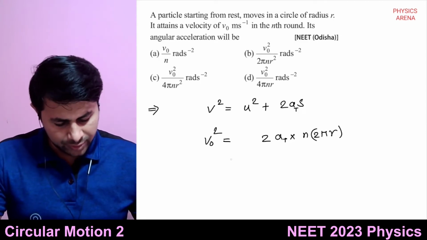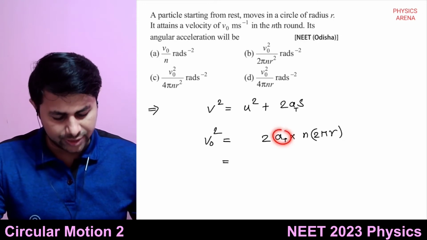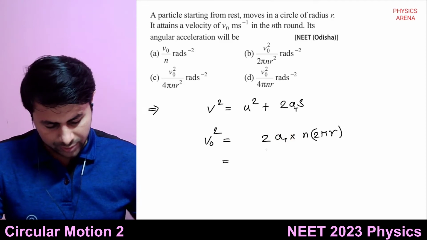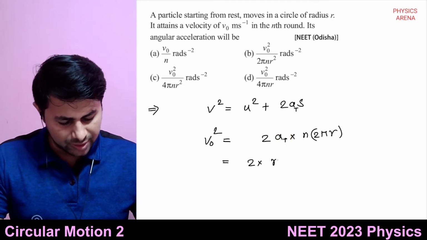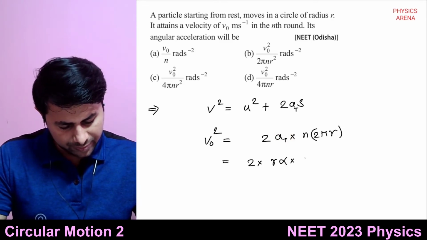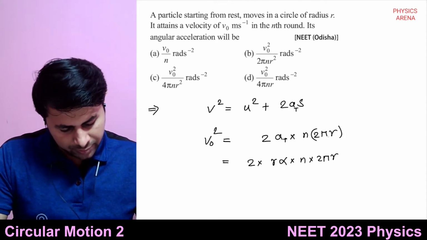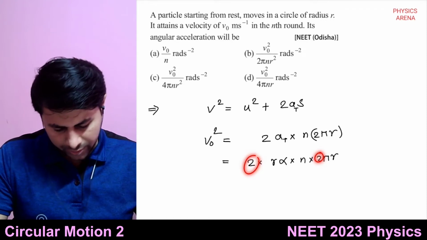And now you can write this tangential acceleration is r multiplied by alpha. So it is 2 multiplied by r into alpha multiplied by n into 2 pi r. So 2 times 2 is 4.